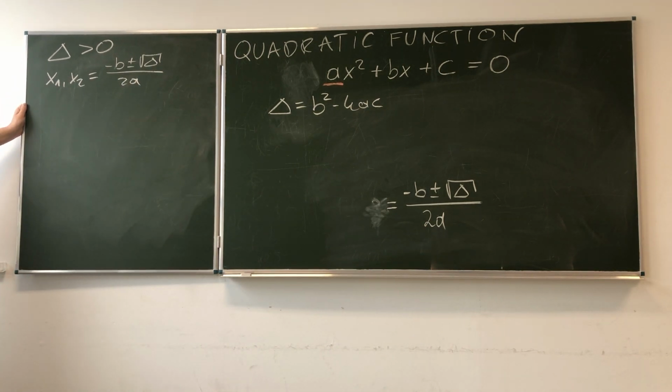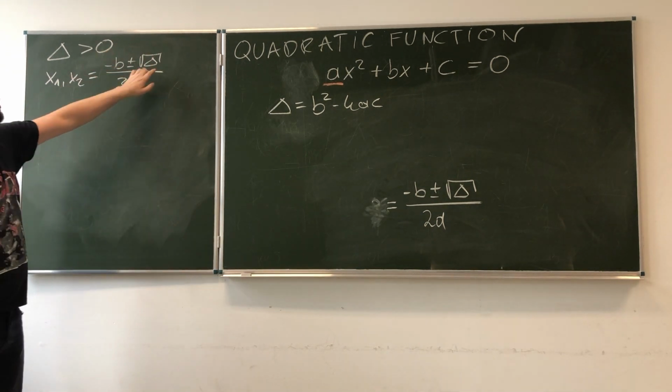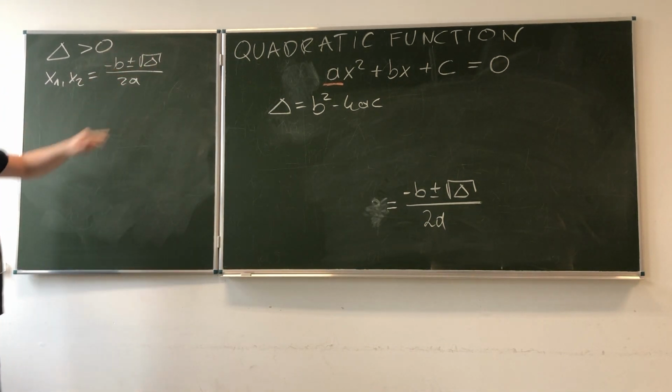And look, there is again some symmetry implied even in this formula. Because look, here, if delta is positive, we will have two different numbers.